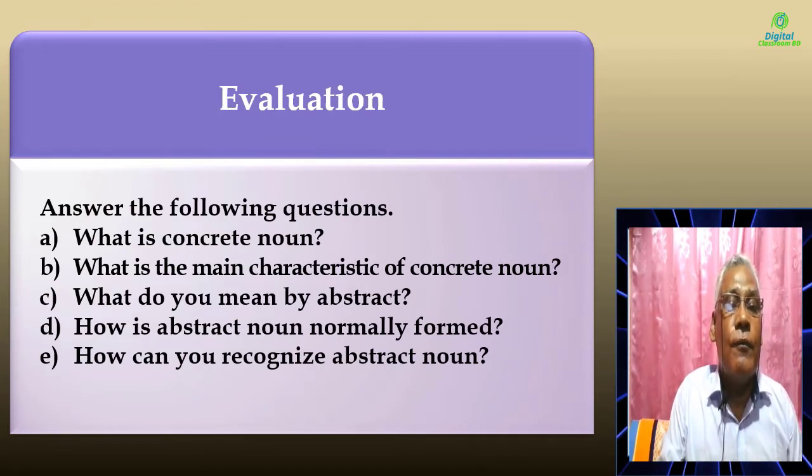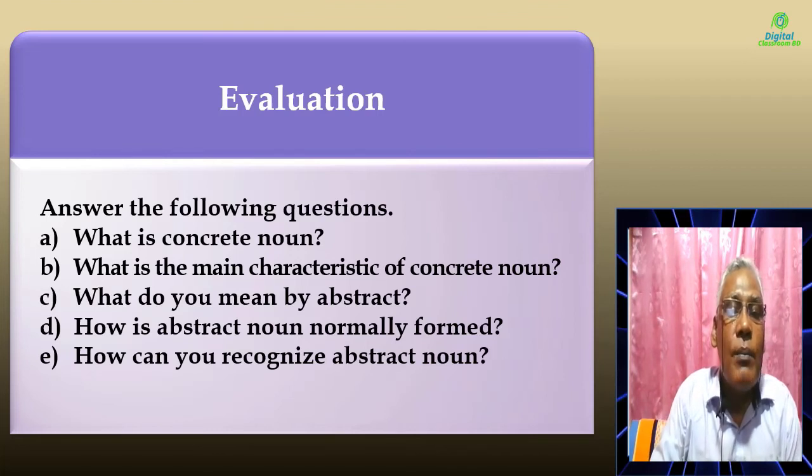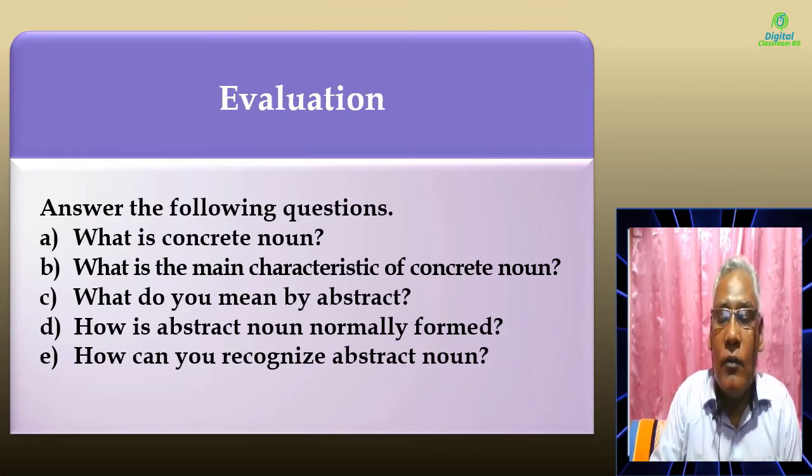So, please answer the following questions. Can you answer these questions? What is a concrete noun? Yes, I think you can. You have got the definition from the previous discussion. What is the main characteristic of a concrete noun? Can you say? What do you mean by abstract?